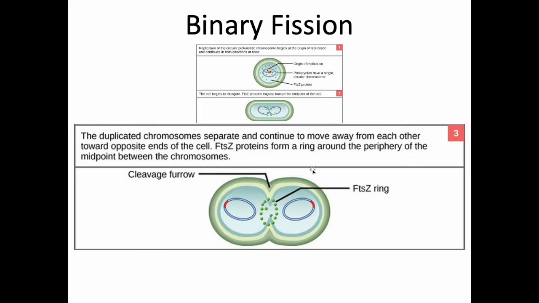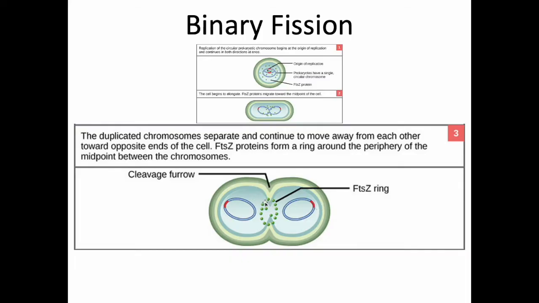Now, we know what's going to happen at the end here. By the time we're done with this, we're going to cut this cell in 2 and we're going to have 2 cells. Because we don't want to damage the chromosomes, if we're going to split this cell in half, we want the split to be down the middle, and we want these 2 chromosomes to be nowhere near the middle. We don't want them accidentally getting cut in half as the cell cleaves itself in 2. So during this next step, these chromosomes are going to be moved to opposite sides of the cell.